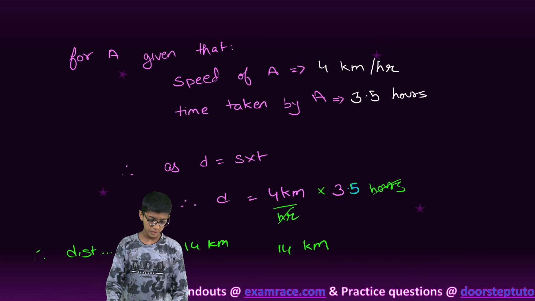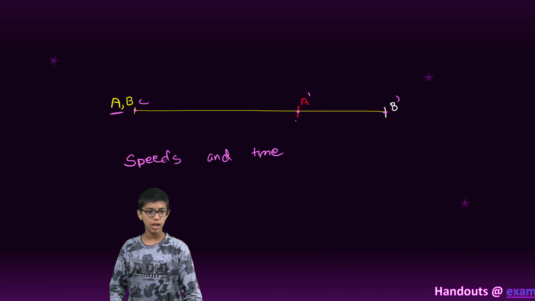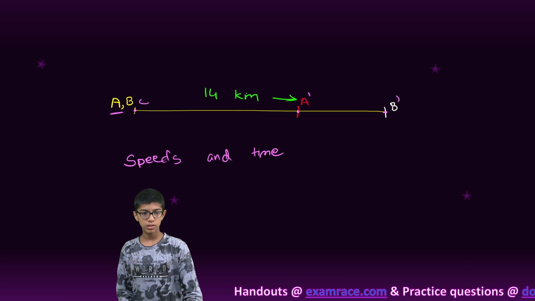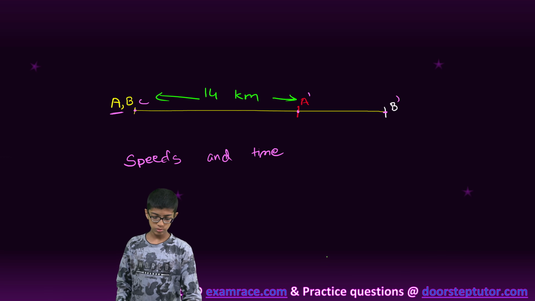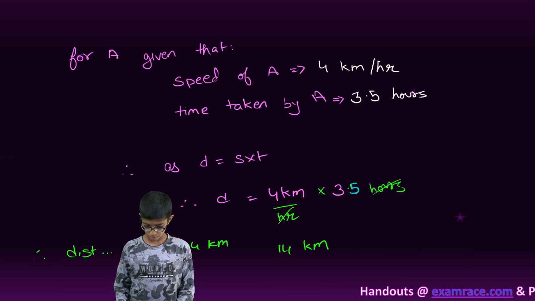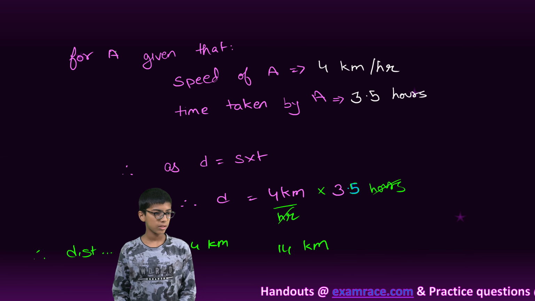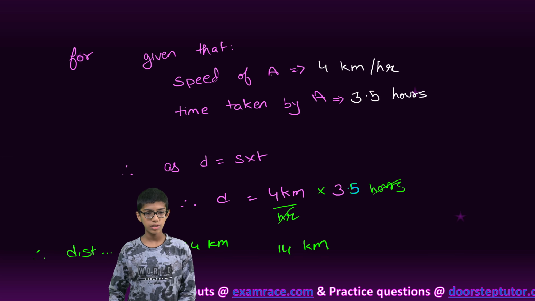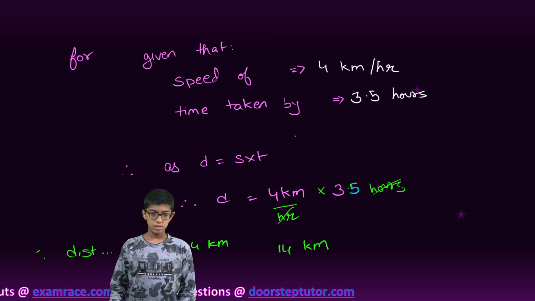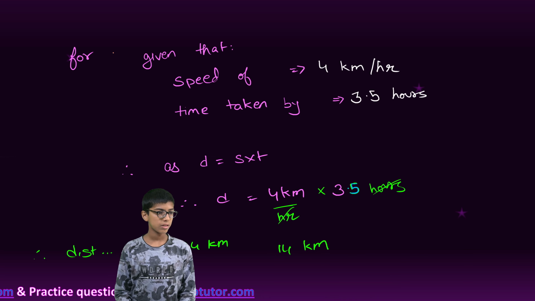Now we will note this down. 14 kilometers. And now we will calculate for B, the same data, but it is for B. Most of the data is the same. Now we will change the values.